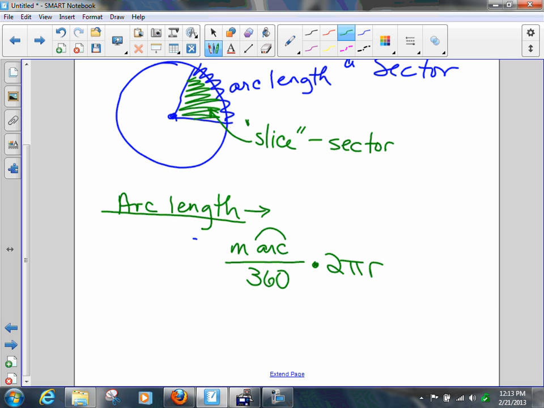But in geometry, we have the measure of the arc divided by 360 times 2 pi r. And we determined yesterday that this is really just a fraction of the circumference of the circle.